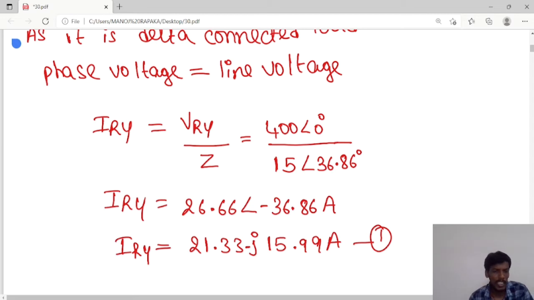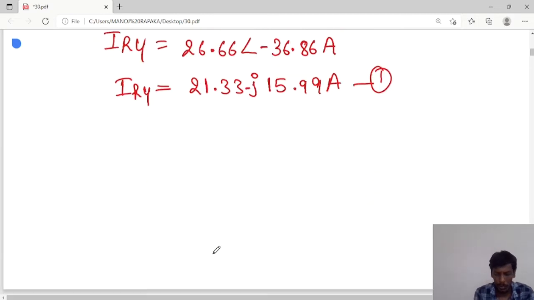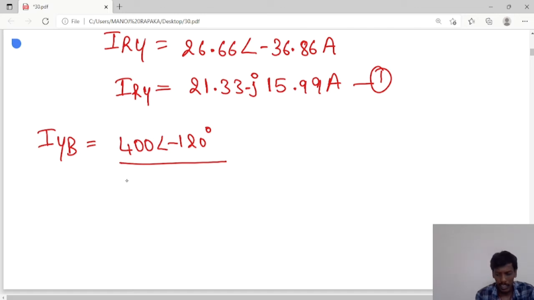We have to calculate IYB and IBR also. IYB equals 400 at an angle of minus 120 by the impedance 15 at an angle of 36.86 degrees.